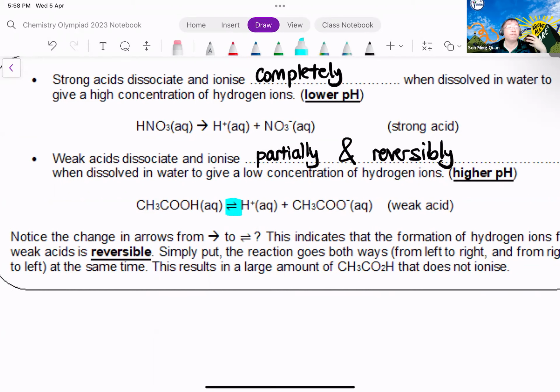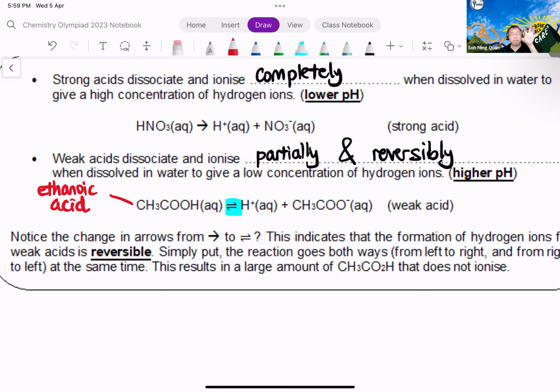This means that it's reversible. It can dissociate to form H+, but the H+ can also combine back to give back the covalent molecule. So weak acids like ethanoic acid, they dissociate partially and reversibly. As a result of that, the concentration of H+ from ethanoic acid is lower. Okay? So this is the idea of strong versus weak acids, the acid strength.